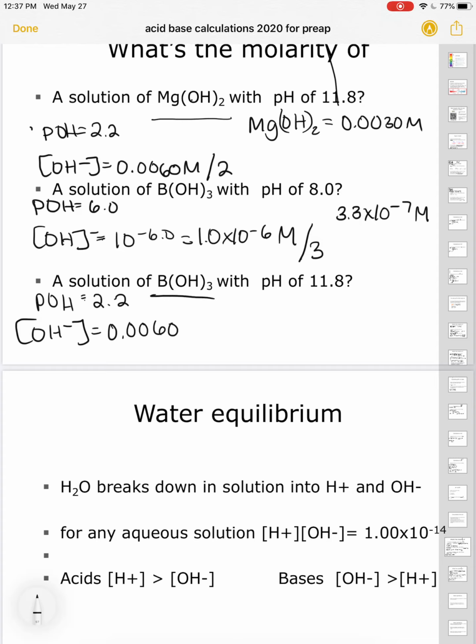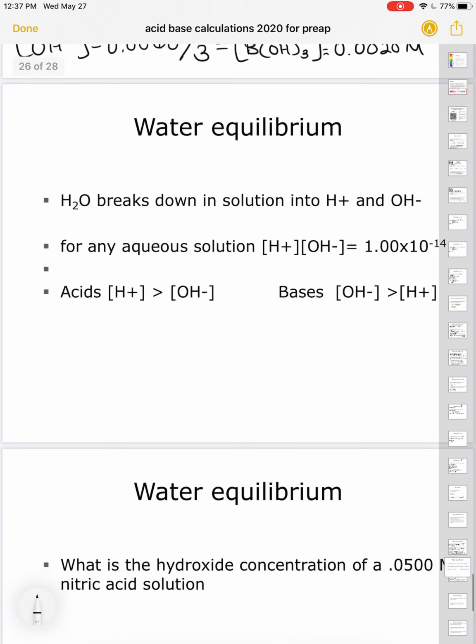And since it's boron trihydroxide, we then have to divide this by 3. Divided by 3 gets us the concentration of BOH3, which would be 0.0020 molar.